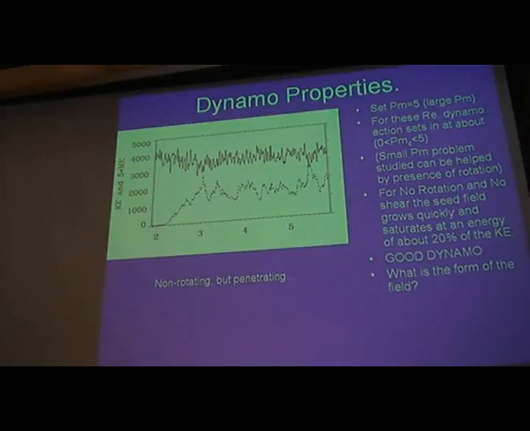It's very hard to study the small magnetic Prandtl number, but I believe that actually you can help yourself over studying the small magnetic Prandtl number problem in isotropic turbulence, because with these convective problems, you need a lot of resolution in 2 directions, but not in the 3rd. Whereas if you do isotropic turbulence, you need a lot of resolution in all directions. So maybe you can save yourself some anguish a little bit. This is a good dynamo. This is non-rotating.